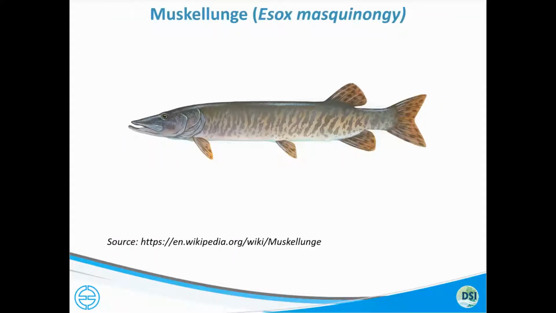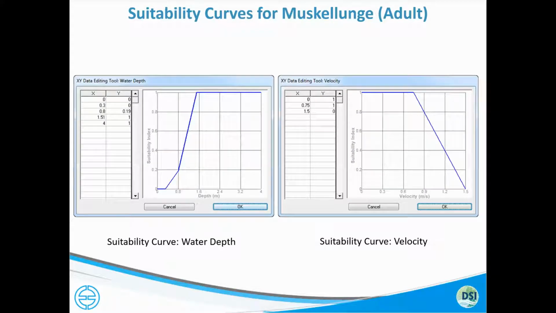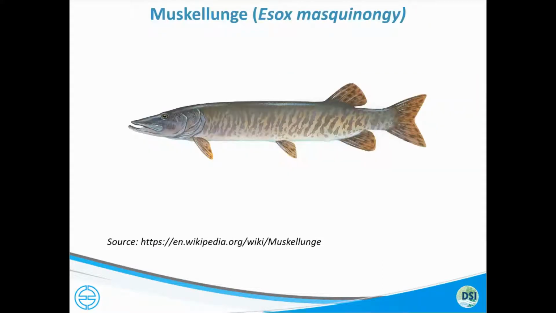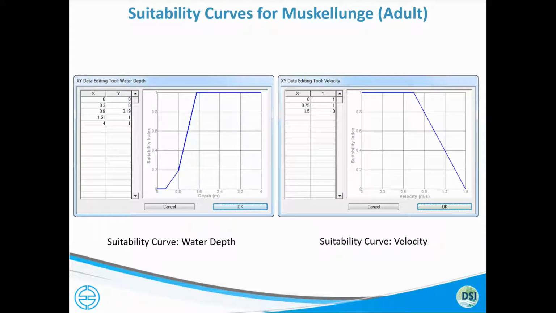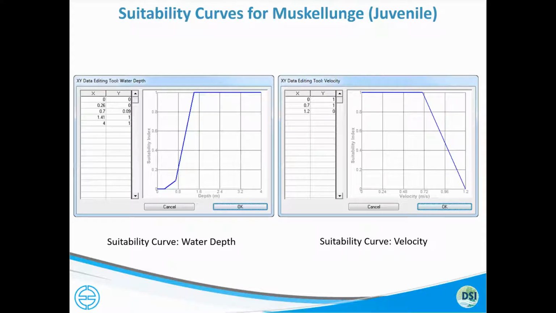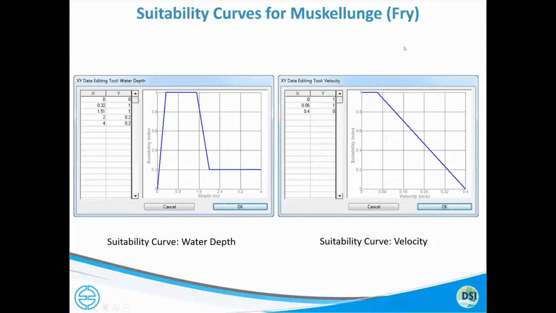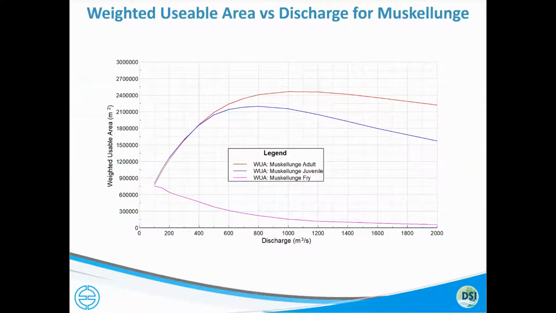I'm going to just scroll through so you can see the different ways the different species are set up. So this is a different species. Again, you just set up your criteria however you want. This is for the juvenile muskellunge, then the fry, and then the difference in the weighted usable area between different life stages of the same species.